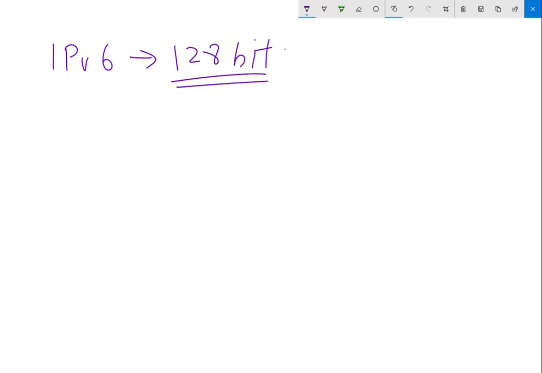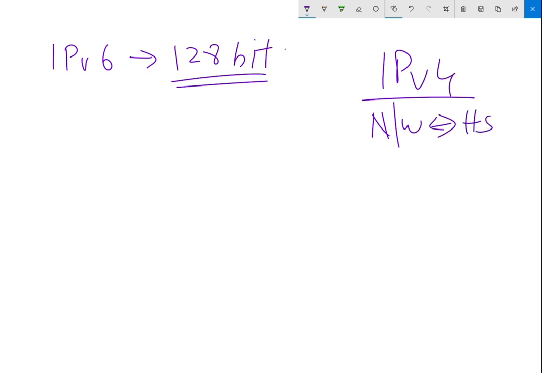So what is IP version 4 doing? IP version 4 is used to identify a host within a network. That means an IP version 4 address has two parts of information. One, the network details. The other, the host details.